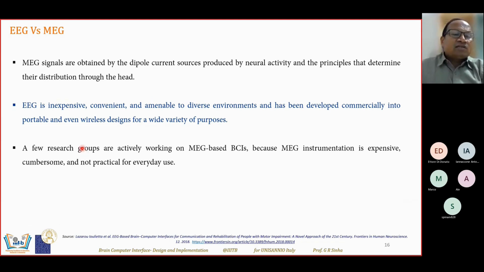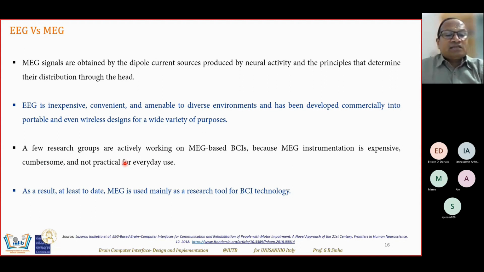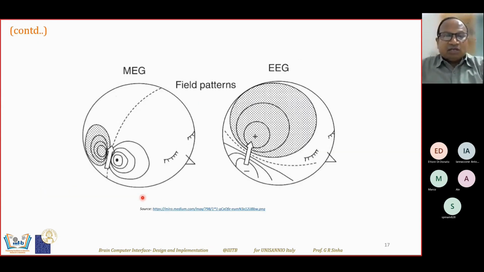There are research groups actively working on MEG based research, MEG based BCI, and MEG instrumentation is expensive and cumbersome and not practical for everyday use. It's because of the magnetism involved. As a result, MEG is used mainly as of now as a research tool for BCI technology being studied, not for commercial implementation.